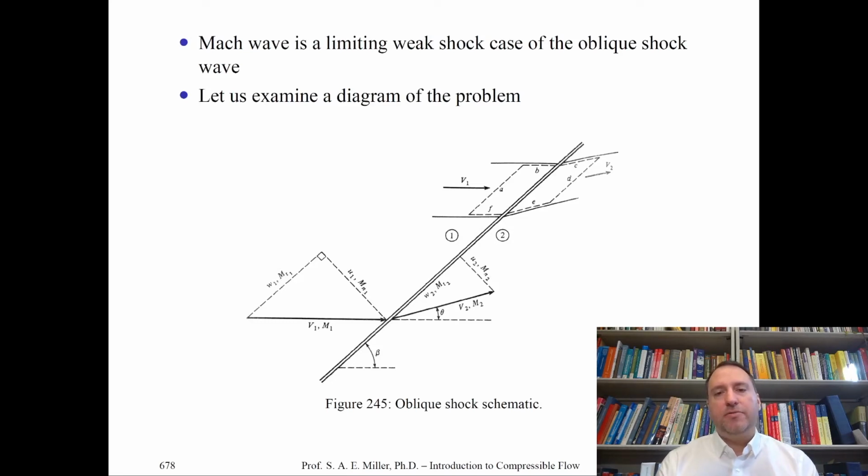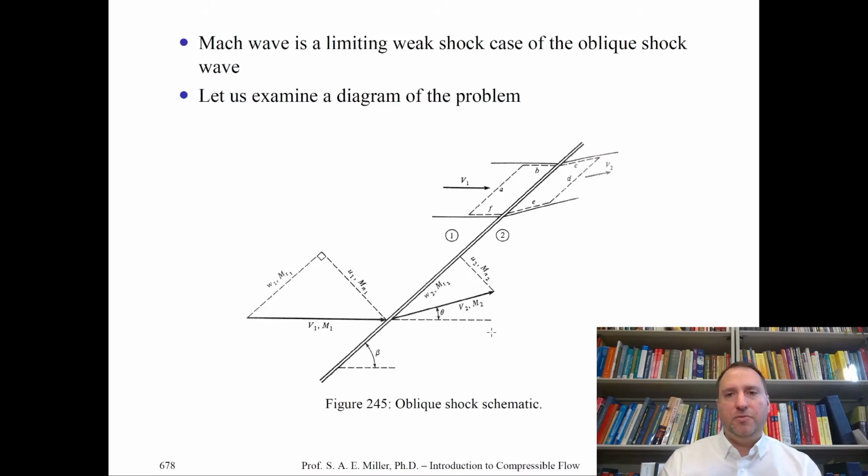The angle which the flow turns, that is a streamline, could be plotted as an angle theta. Here's theta. Now, we'll have some incoming velocity, say V1 and M1, and an outgoing velocity across the wave, which is instantaneously turned at angle theta, V2 and M2.